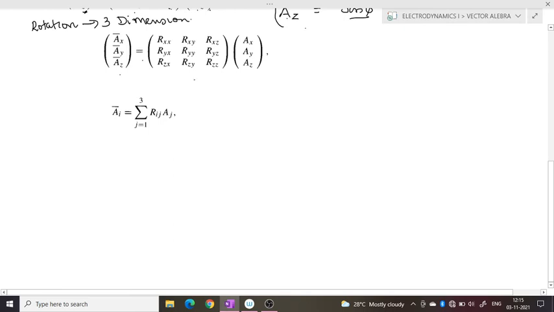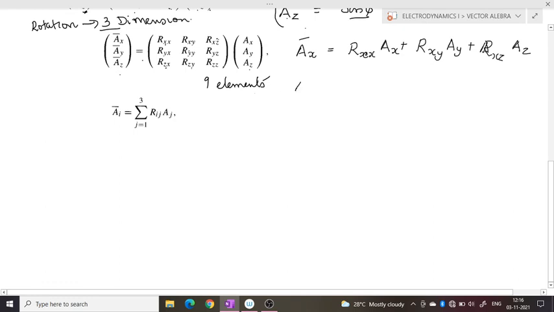It has 9 elements since it is in 3 dimensions: Rxx, Rxy, Rxz, Ryx, Ryy, Ryz, Rzx, Rzy, Rzz, times Ax, Ay, Az. So Ax dash is equal to Rxx Ax plus Rxy Ay plus Rxz Az.